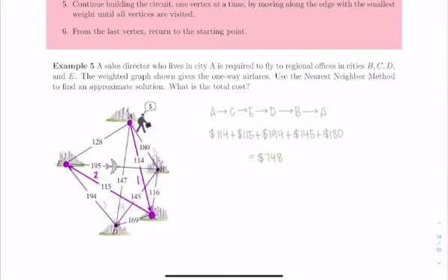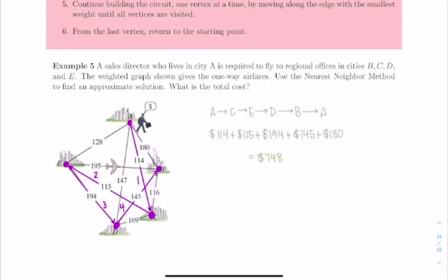So since 194 is cheaper, I'm going to travel to D. Now I can't travel back to A just yet because I still haven't hit vertex B. So even though we have all these options of 195, 147, 145, and 169, I have to go to B. And it is the cheapest, so that actually ended up working out nicely, but I have to make sure that I hit all the vertices before I can go back to the starting point.